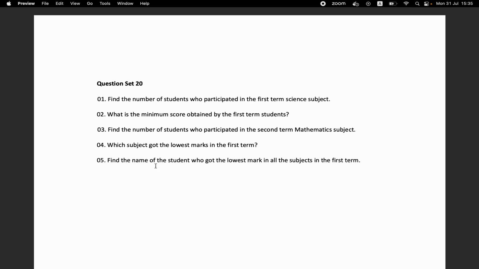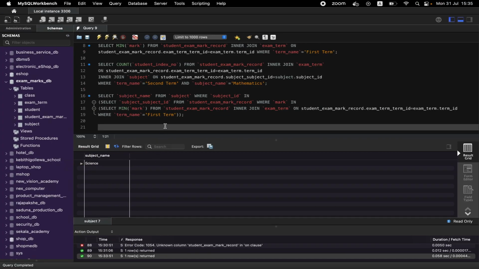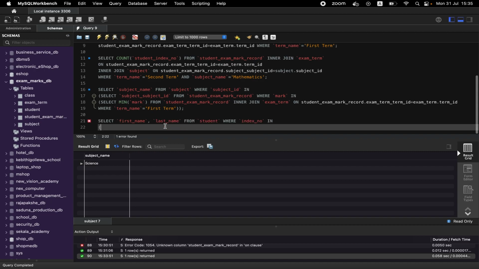The fifth one is, find the name of the student who got the lowest mark in all subjects in the first term. So we have to find the student first name and last name from student, where index number we have to write a subquery.